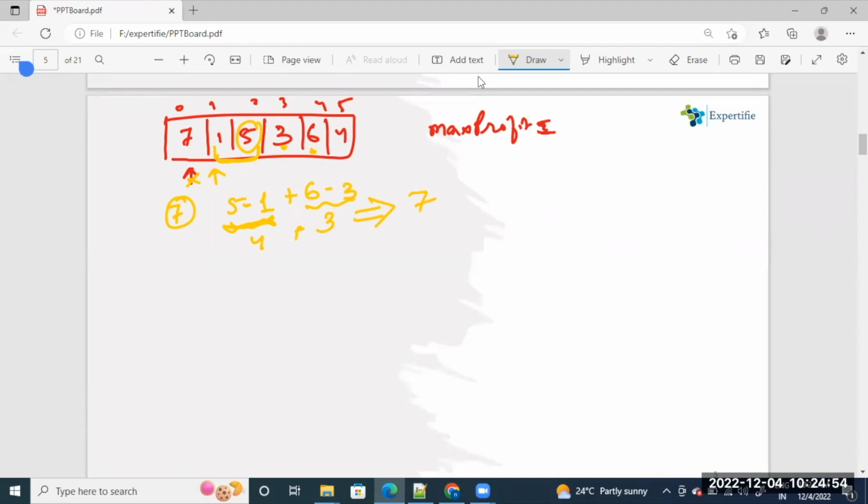Let's say I want to talk about one more example: 1, 2, 3, 4, 5. Now, what can we do? This is the starting point. Let's say I am buying at 1 and selling at 2. This is done, a 1 rupee profit. Buying at 3, selling at 4.